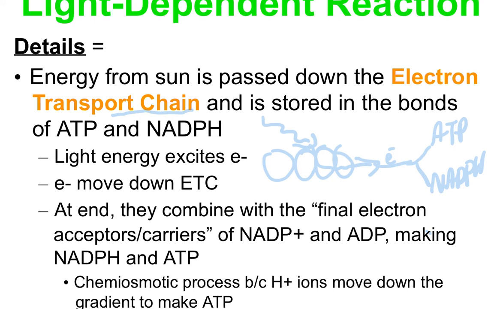So again, this is a chemiosmotic process because there's this positive hydrogen ion gradient where it's moving down a gradient to make that ATP. So ATP and NADPH and hydrogen, they all leave the light-dependent reactions and the whole protein electron transport chain complex.